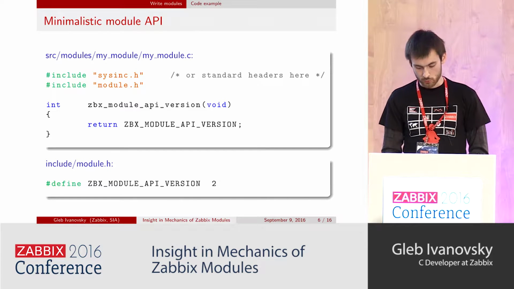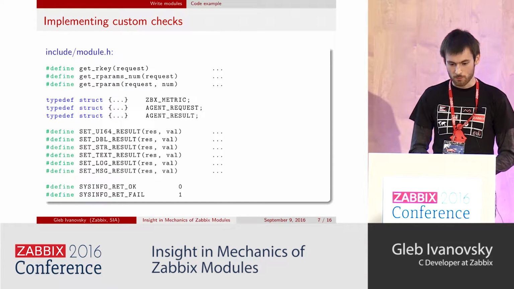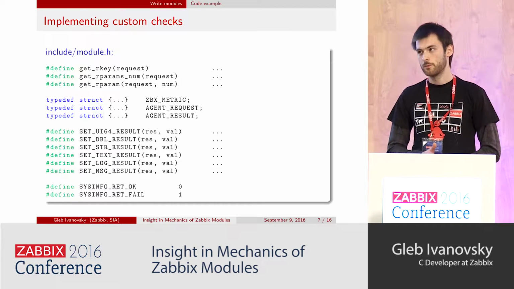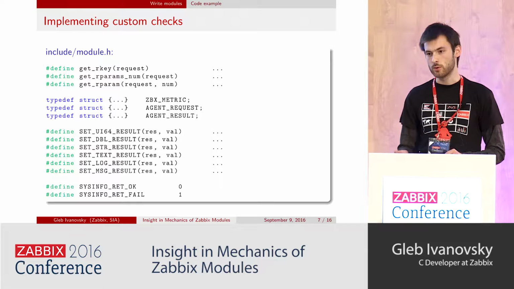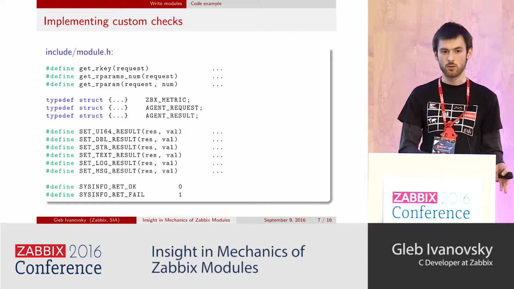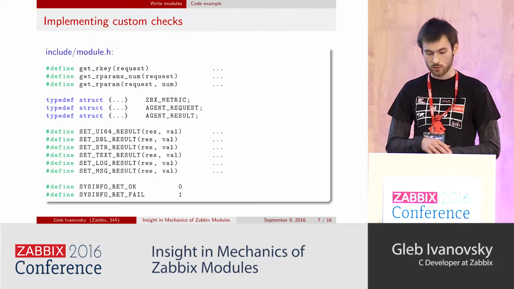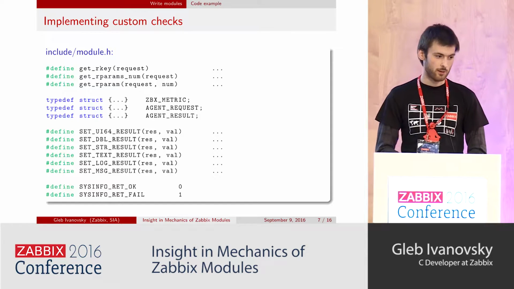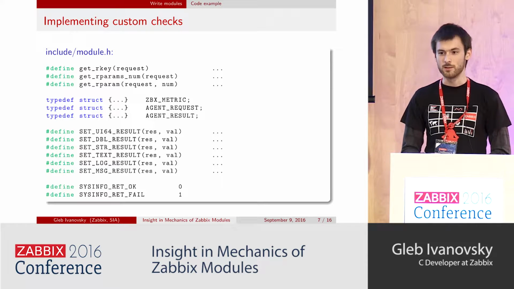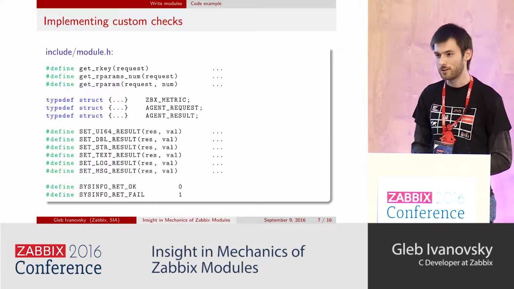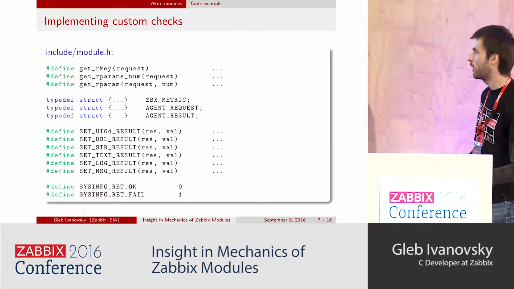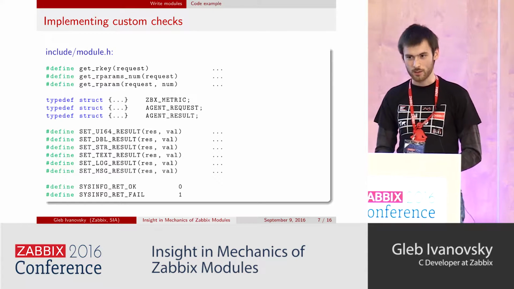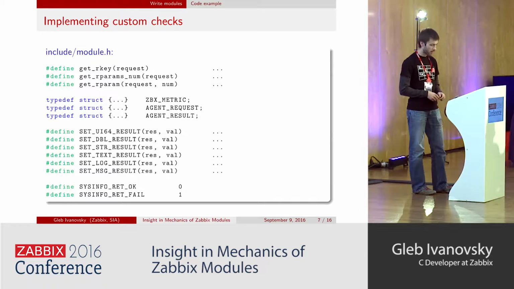To make it useful, we can add some custom checks. For example, if Zabbix agent does not support some certain items on your specific exotic system, you can implement it yourself, or maybe you know how to implement it in Zabbix, but Zabbix doesn't want to review your patch. Module can be a first step to make it happen.